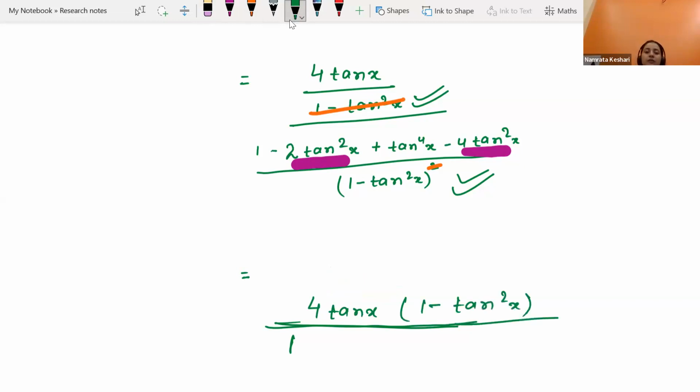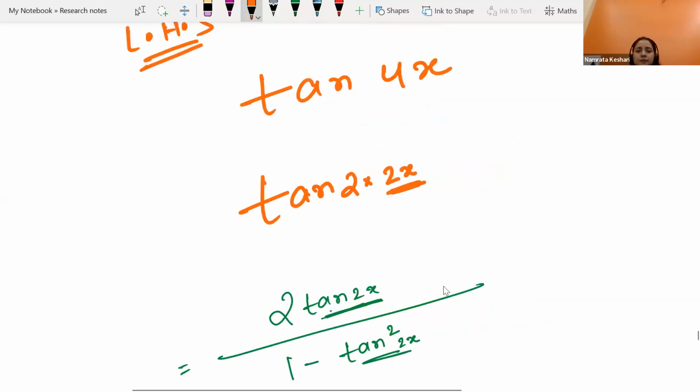Are you getting it? Yes, ma'am. Okay, let's continue. So here we are having 1 minus 2 tan square x minus 4 tan square x, that is minus 6 tan square x, plus tan to the power 4 x. This is what we are having in the proof. Let's check it.